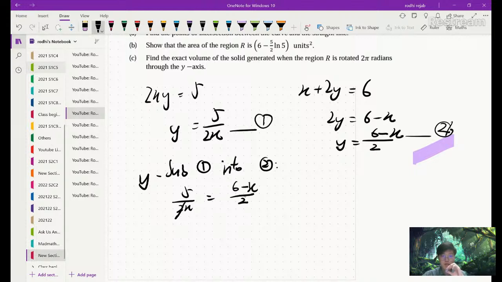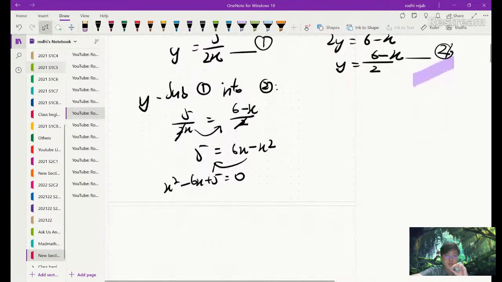Okay, we can cancel off the denominator, which is 2, first, and then we move x over to this side. So it will become 6x minus x squared. Move again: x squared minus 6x plus 5.